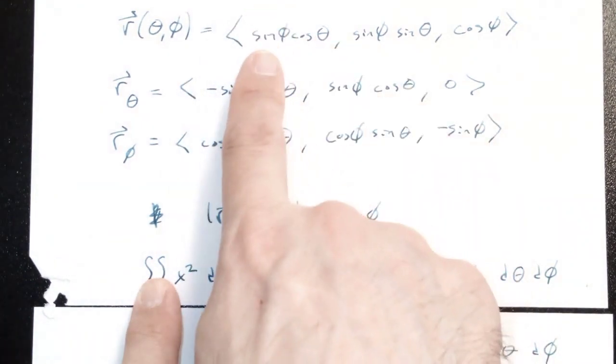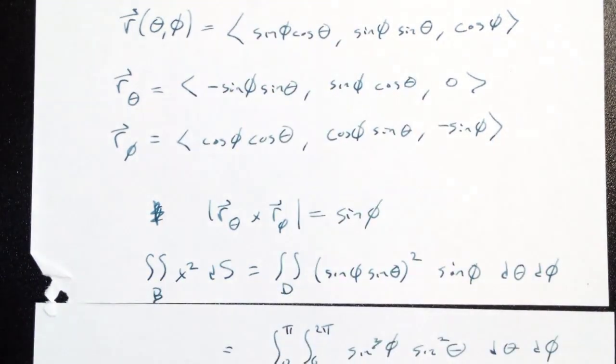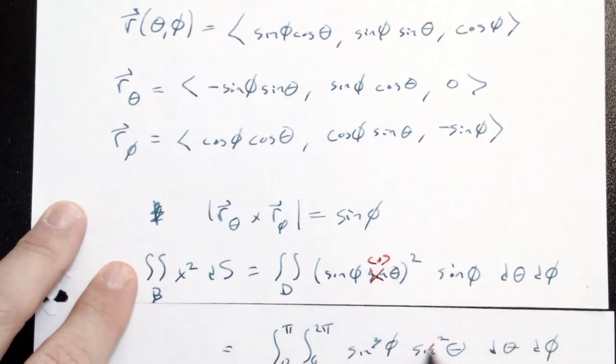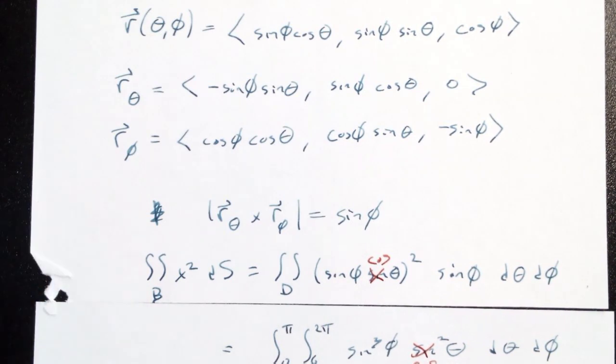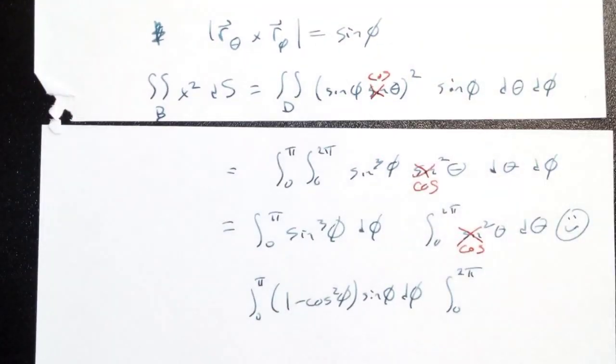X is sine phi cosine theta. Fortunately I haven't actually done any of the work yet, but it's cosine squared theta. So that gives me cosine squared equals 2 cosine squared minus 1.